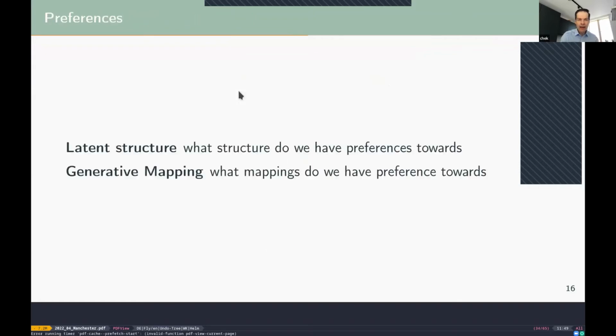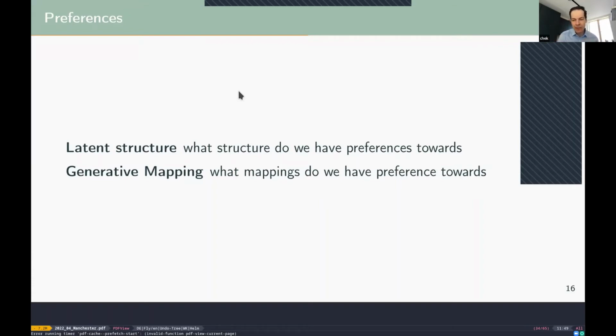And the next thing which we're going to use is that we're going to think about these 2 other terms that we have. So we're going to talk more about how we can encode specific structures, but then we also have this notion of the mapping. So the mapping that generates the data from the latent space is also something where we can encode and input preferences.